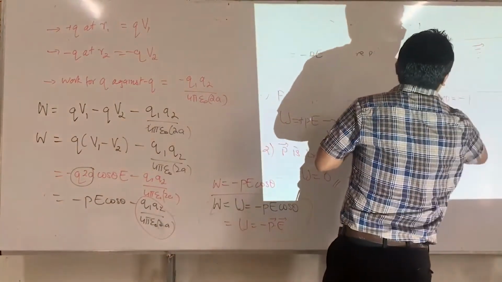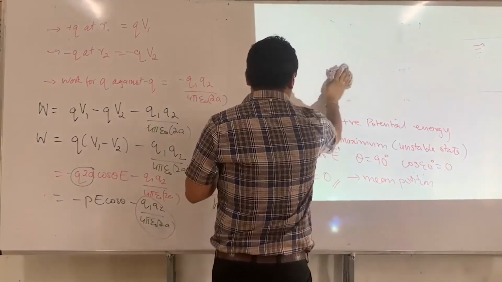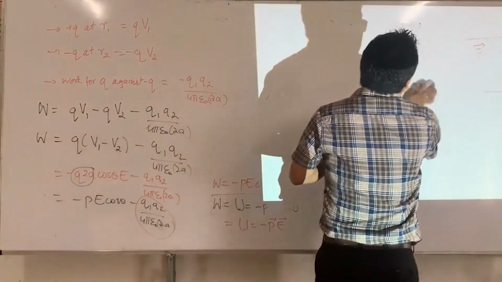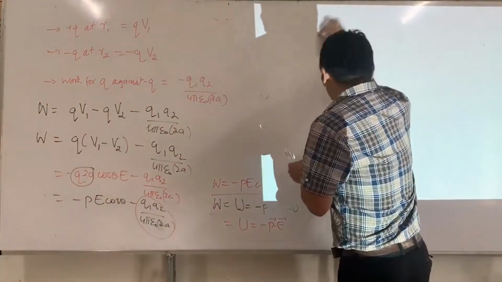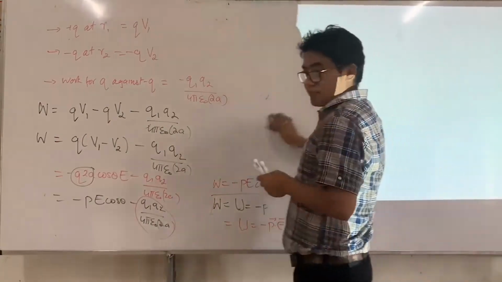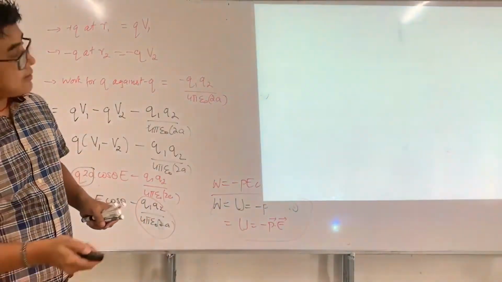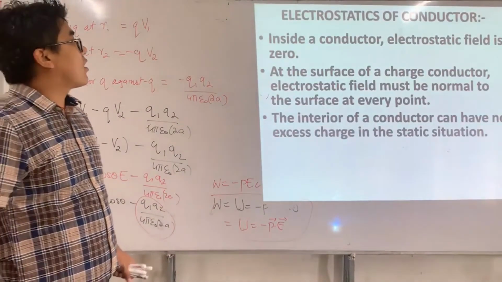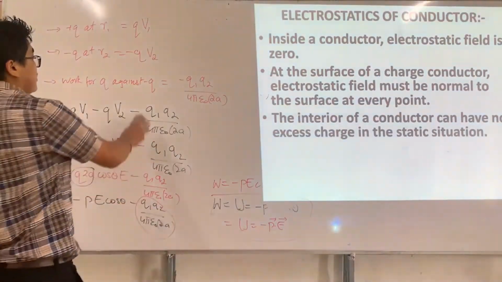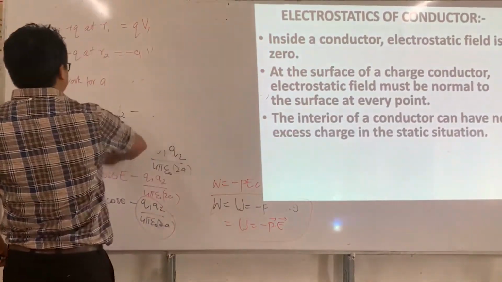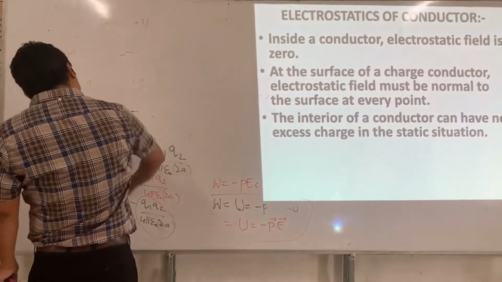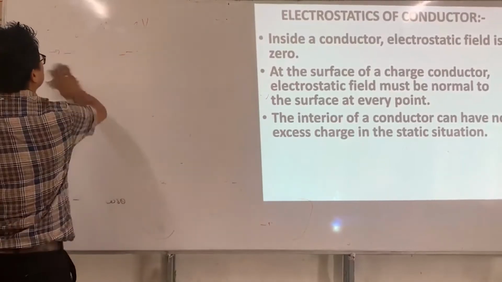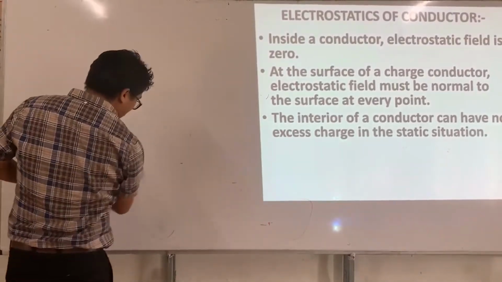Alright. Now what I am going to do is electrostatics of conductors, a very important property of electrostatic conductors. Under electrostatics of conductors, if a conductor is under electrostatics, what is electrostatics?